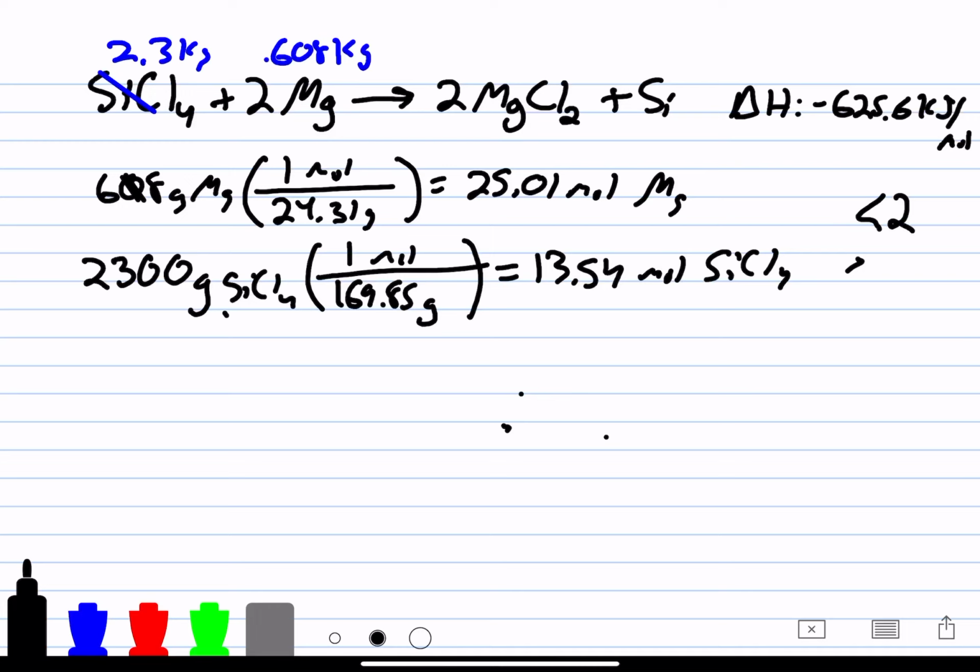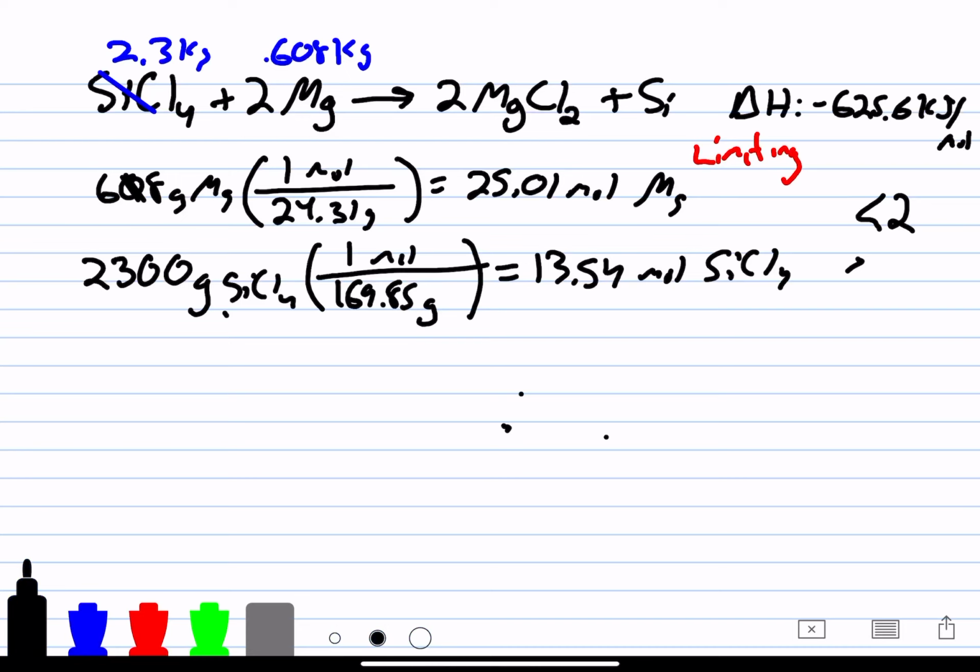And because of that, we know that magnesium, in this case, is going to be limiting. Now that we know that that is limiting, we can take the number of moles of that we have and find out how much silicon tetrachloride we need.